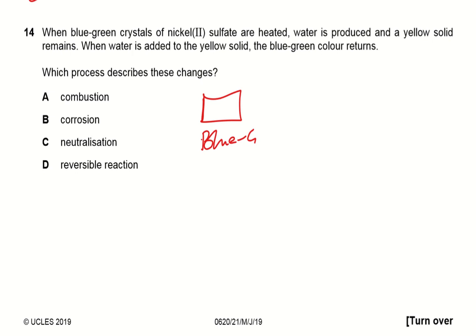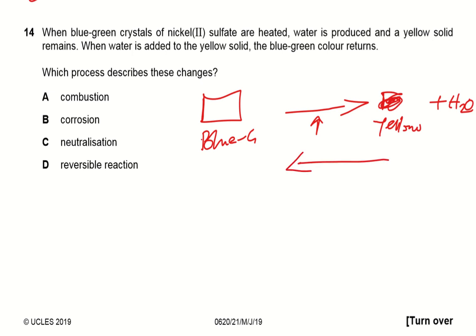When it is heated, heat energy is applied to it, it produces another solid which is yellow, and water is driven off. In the reverse, if you add water to this yellow substance, the blue-green color returns.